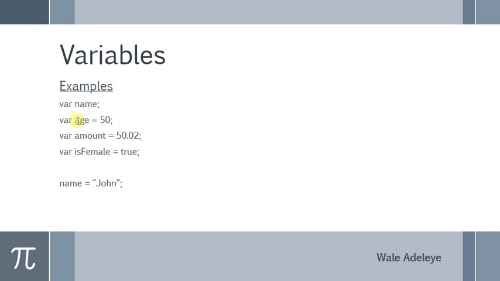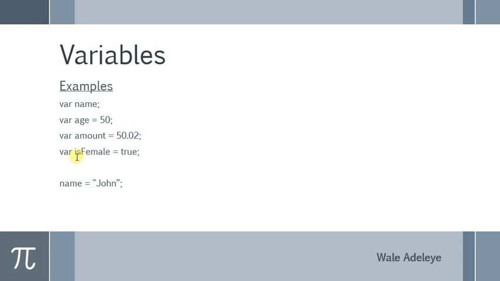And the second one, we have age, var age, and we're assigning 50 to that age. So age is the name of the variable, and the 50 is the information, or call it data, that age is referencing. The same goes for amount. Amount is the name of the variable, and is referencing this data, 50.02.